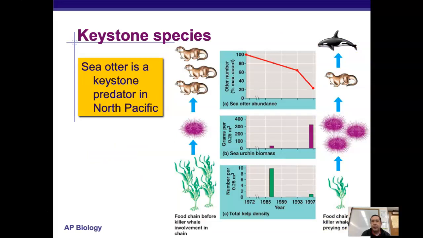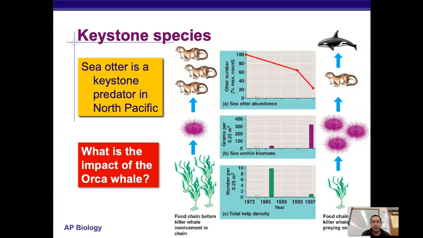Sea otters are a keystone species in the North Pacific. They affect lots of things. Orcas, another keystone species. When there's too many sea otters, it reduces diversity.